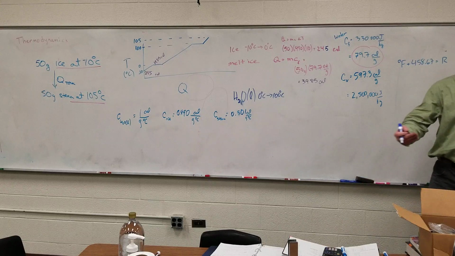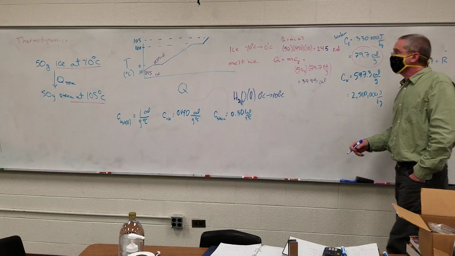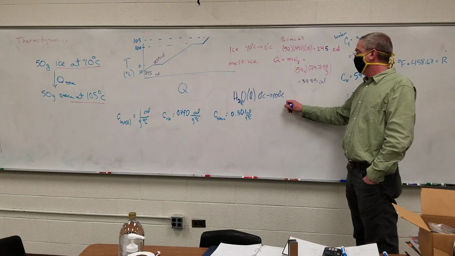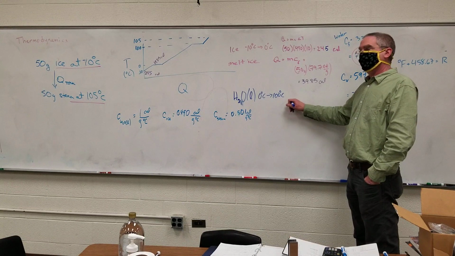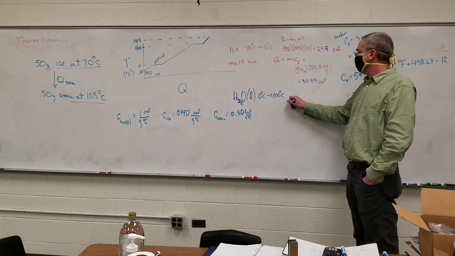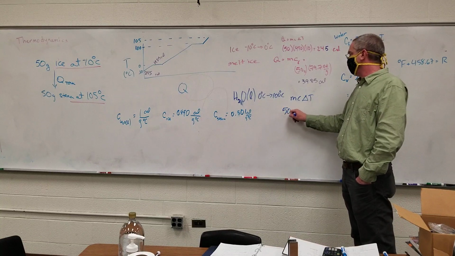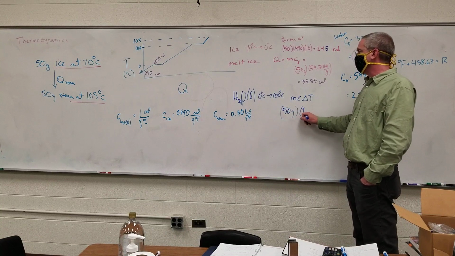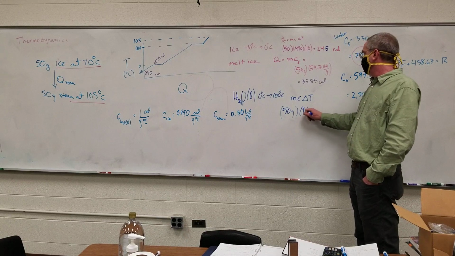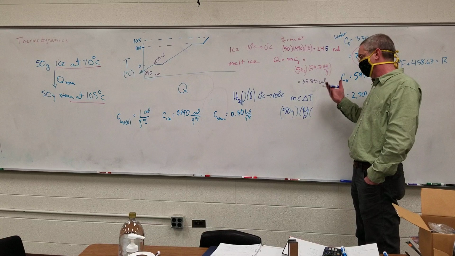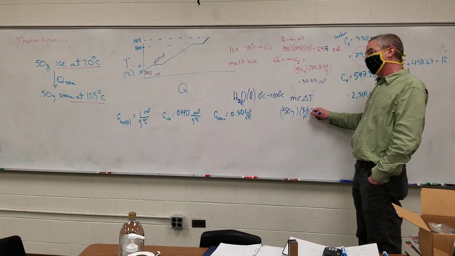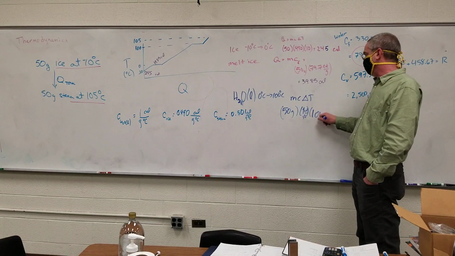We're dealing with a temperature change, so which formula are we using? MC delta T. Yep. So I still have 50 grams. My specific heat is conveniently 1 calorie per gram degree Celsius, and the temperature change is 100.